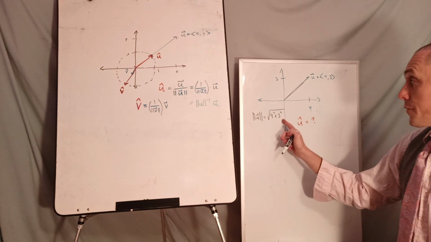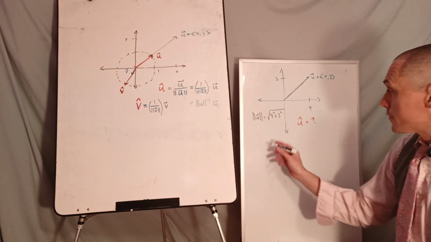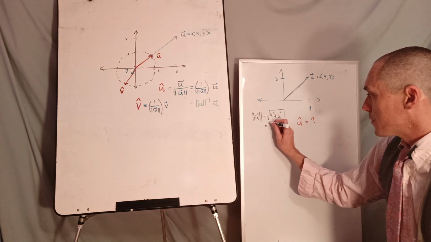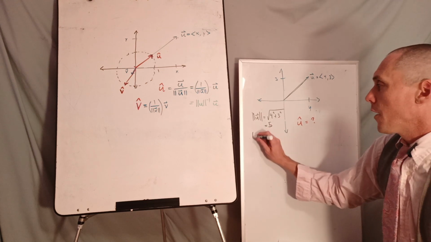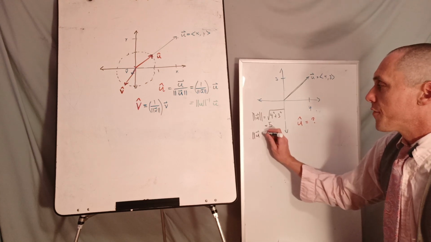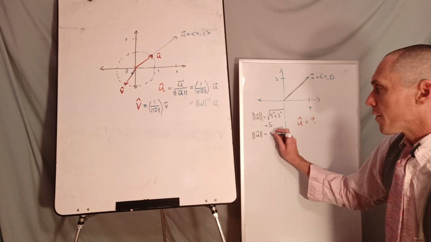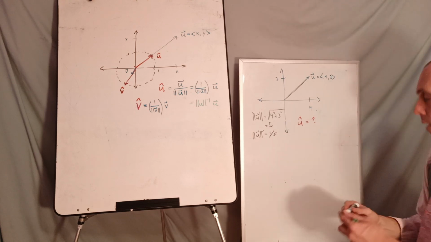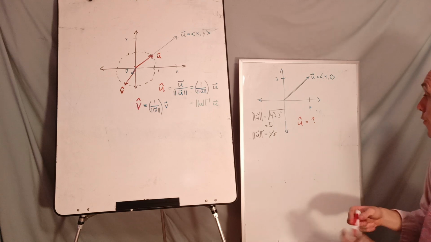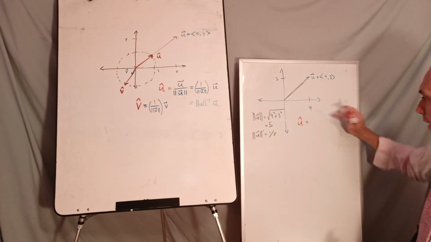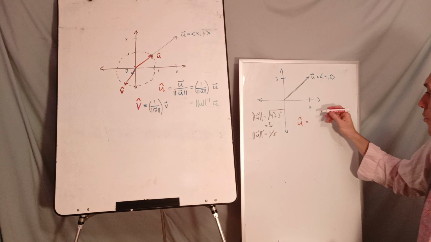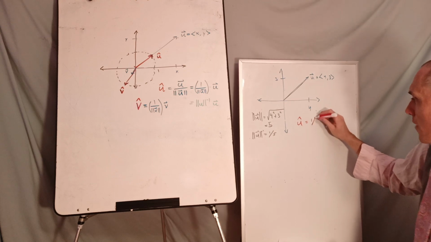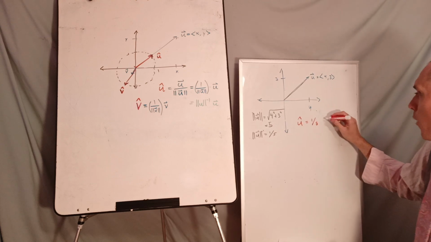And this is 16 plus 9 is 25, square rooted is 5, and so the magnitude is just 5. In other words, the reciprocal of the magnitude is 1/5. And so all I have to do to calculate the unit vector is scale the original vector by 1/5.